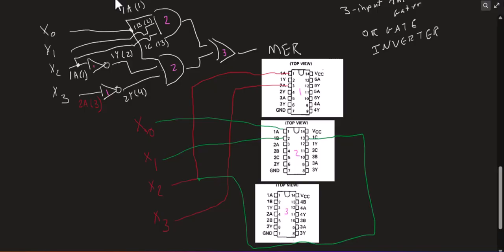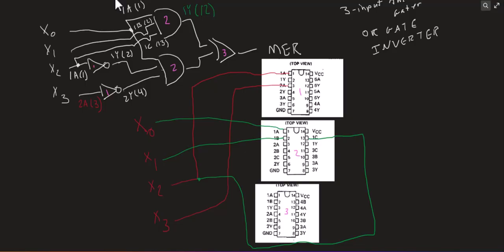And then we have our second AND gate. Oh, and our output for that is going to be 1Y, which is pin 12. Then our second AND gate will be 2A, 2B, and 2C.